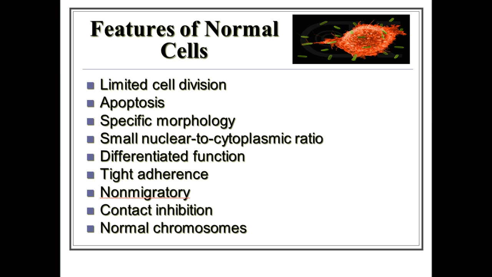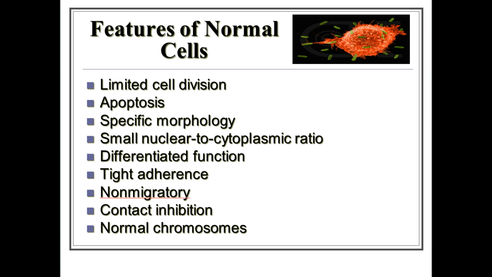It's going to stay in whatever particular body function or organ or wherever it's supposed to be. And then it has what they call contact inhibition. It also has normal chromosomes. So none of these things are features that you may see in cancer cells.